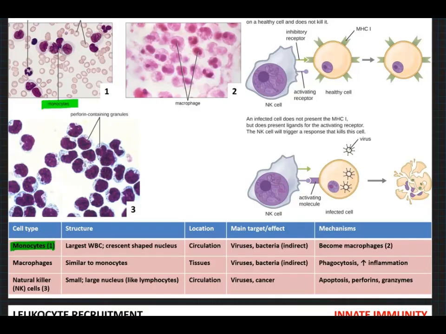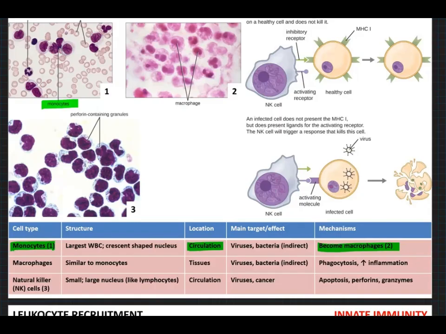Monocytes are found in the circulation, largest white blood cells, and they can do phagocytosis, but their main role is to develop into macrophages. Do you follow? The trigger for that development is inflammation.